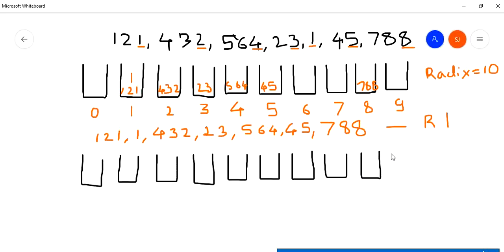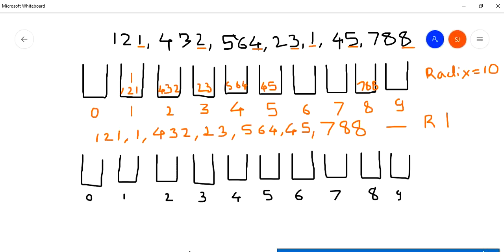You have to number the buckets, then it is very easy to understand. So this is 0, 1, 2, 3, 4, 5, 6, 7, 8, and lastly 9.